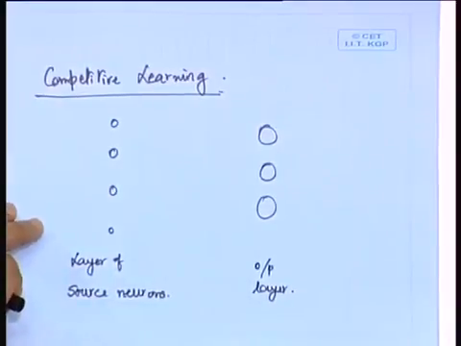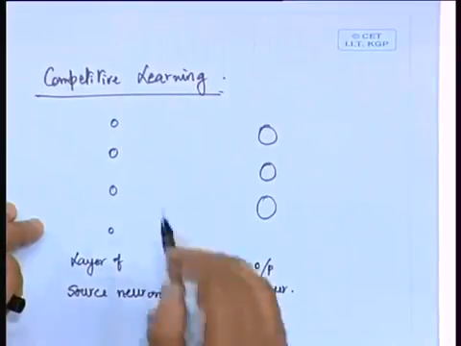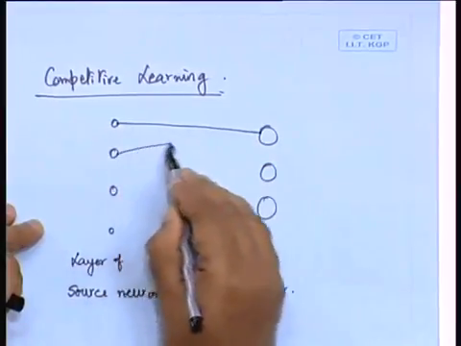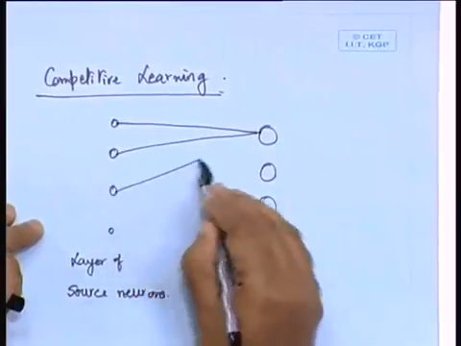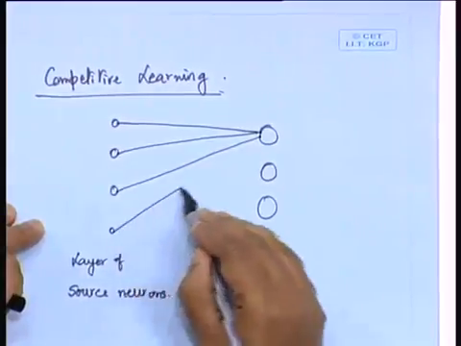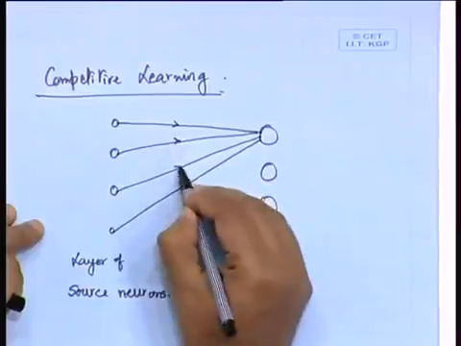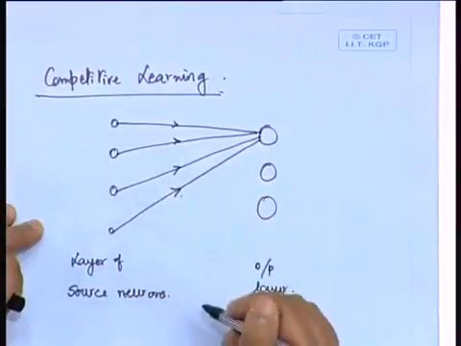In competitive learning, they will be fully interconnected. Fully interconnected means that all these 4 inputs will be connected to all the output neurons.